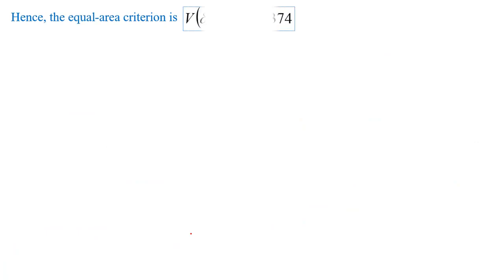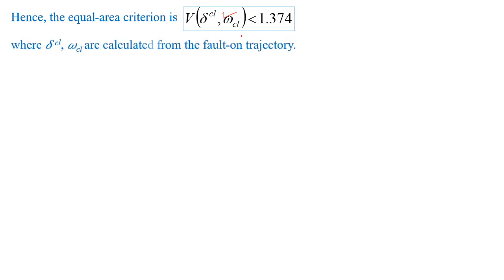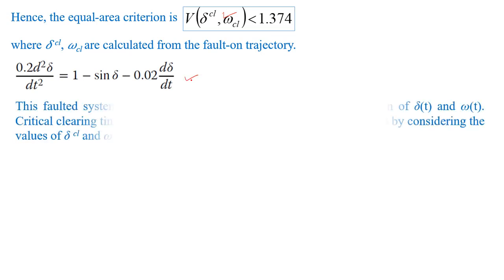Hence the equal area criterion states that V(δcl, ωcl), the energy at the fault clearing point, should be less than 1.374. Here δcl and ωcl are calculated from the faulted trajectory.